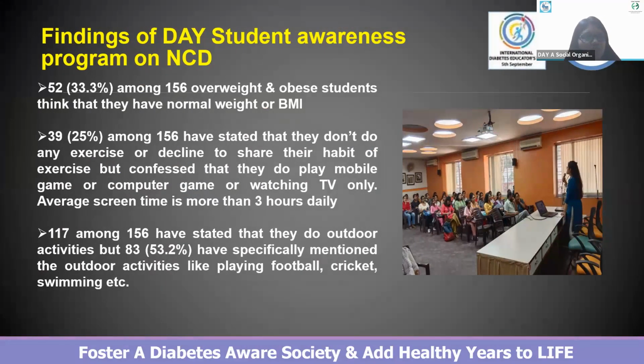What we have seen is that 52 among the 156 overweight and obese students think that they have a normal weight or BMI. Why so? Because they don't know what overweight and obese mean. In our state, West Bengal, if we look fatty, it means we are the perfect weight.